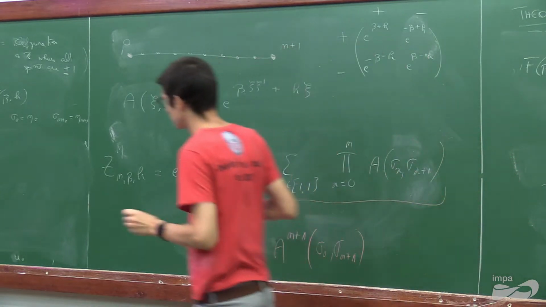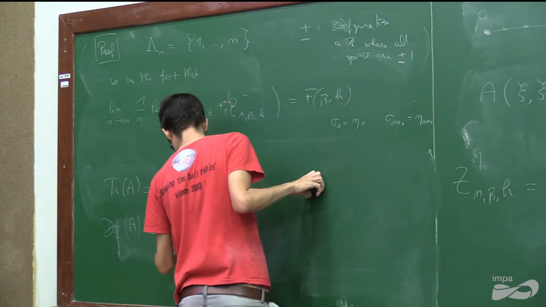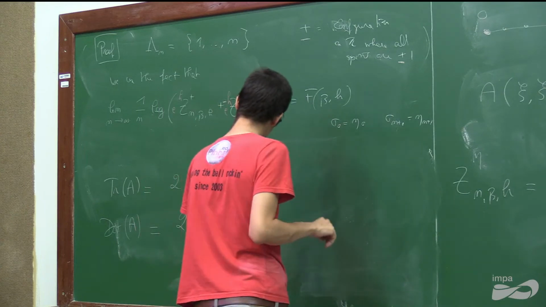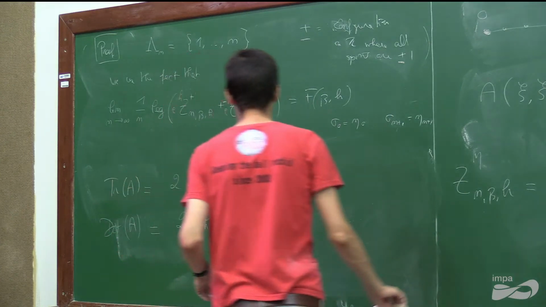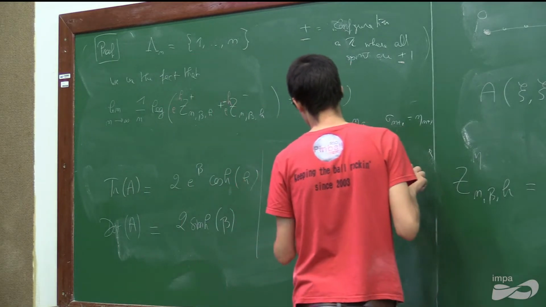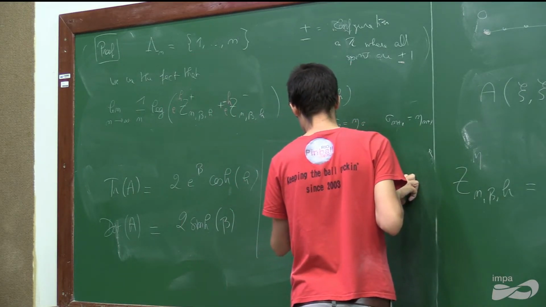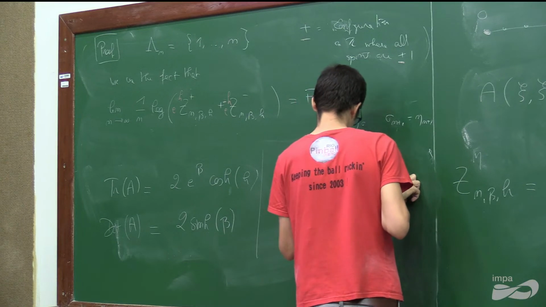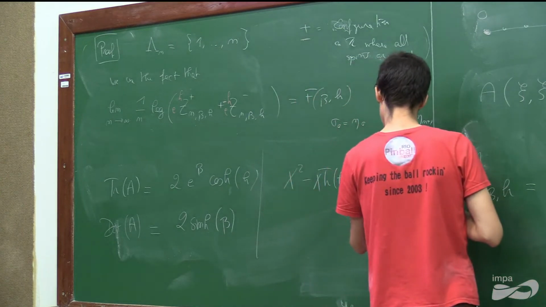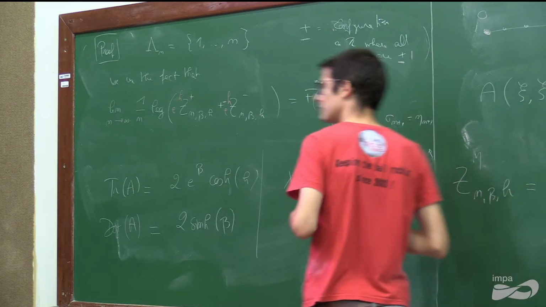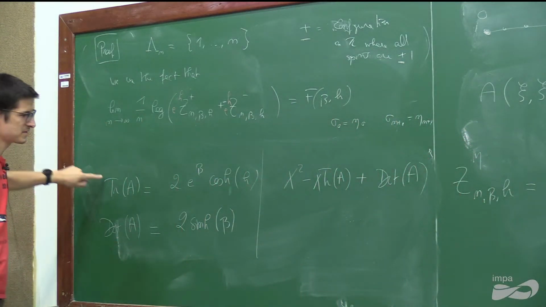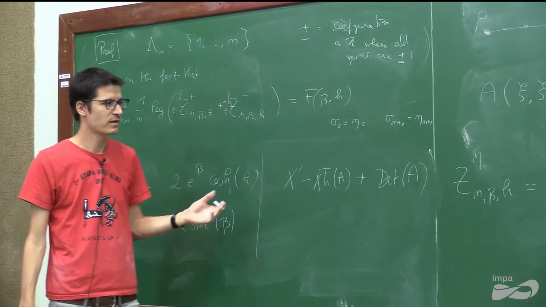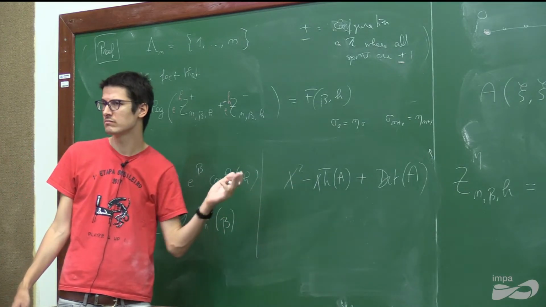Okay, so now I'm trying to resolve the eigenvalues. This is the sum of the eigenvalues. This is the product of the eigenvalues. So if I want to have the eigenvalues, I just have to solve this polynomial.